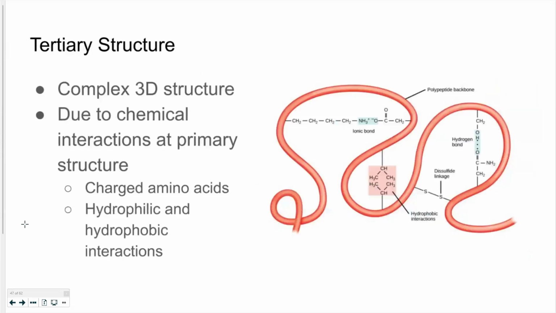All right, so next is our tertiary structure. Tertiary just means it's the third one. Our tertiary structure is our complex three-dimensional shape. This three-dimensional shape is due to those chemical interactions of the primary structure. Remember, those are our amino acid sequence.